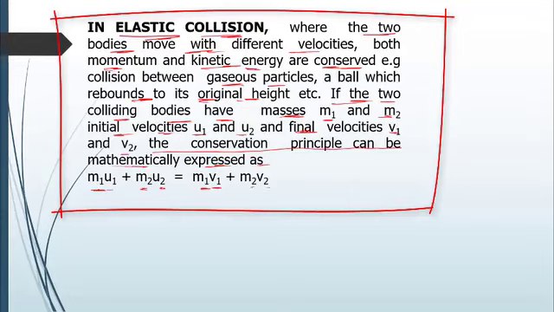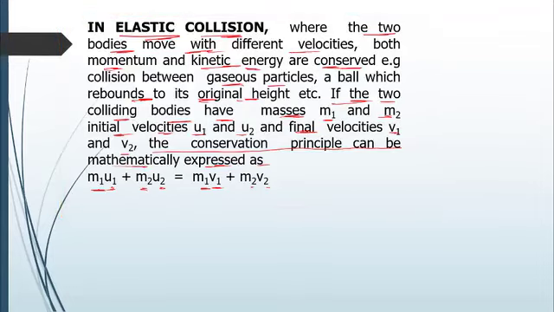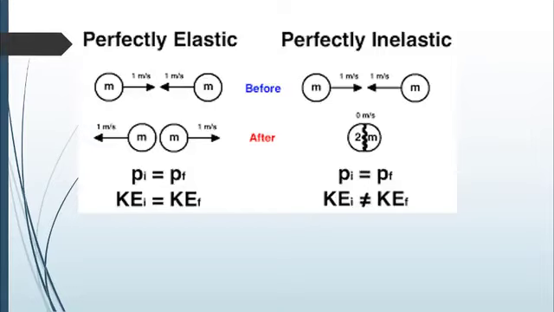Of course, m1 is the mass of the first body, u1 is its initial velocity, m2 is the mass of the second body, and the same applies to the final velocities v1 and v2. Okay, let's look at this diagram.